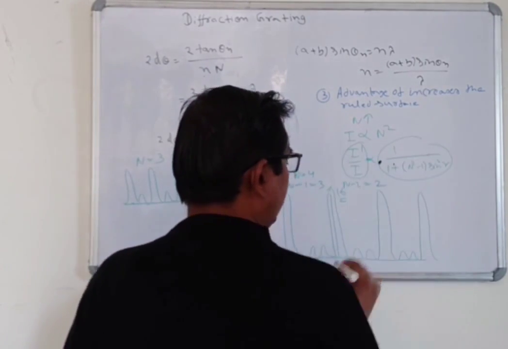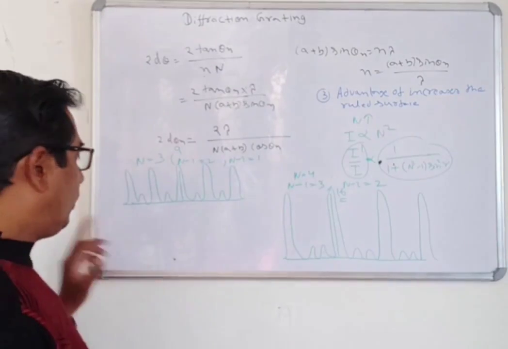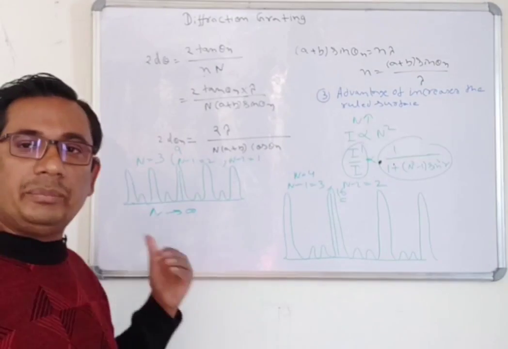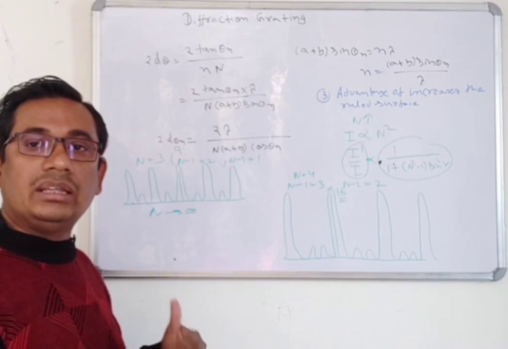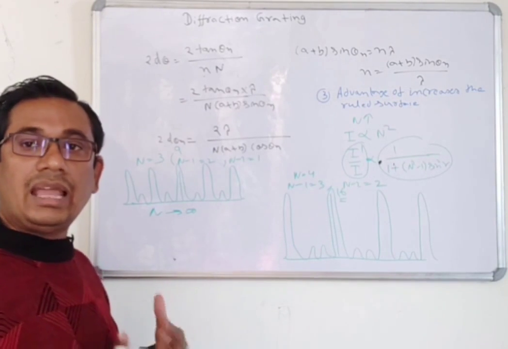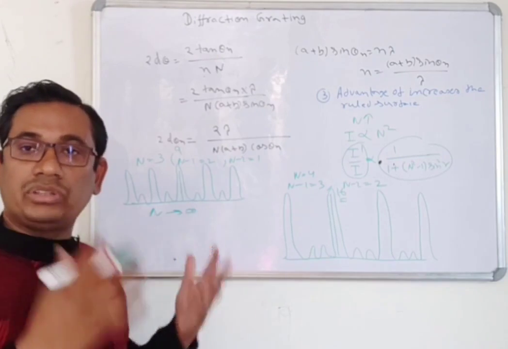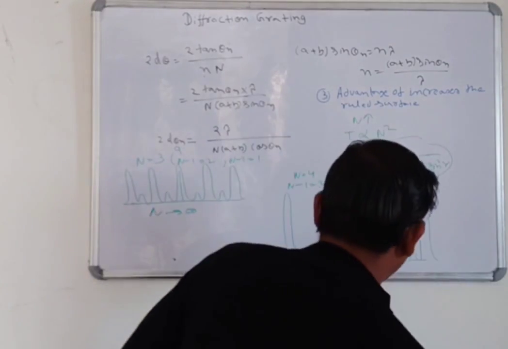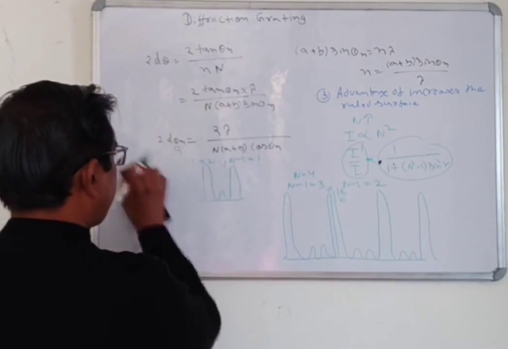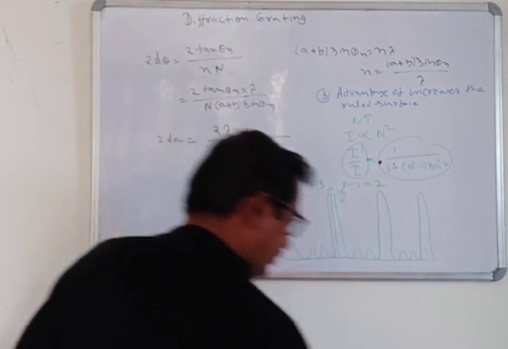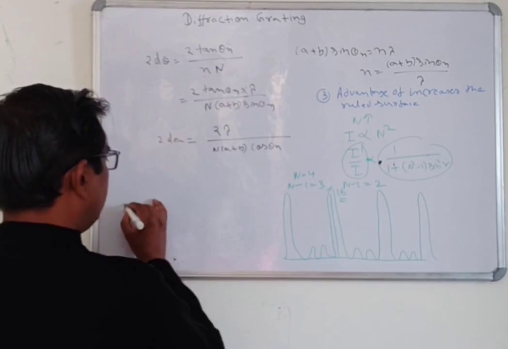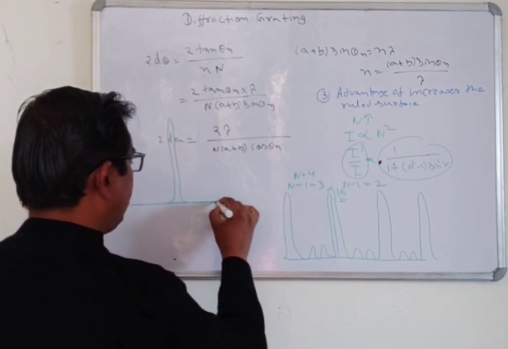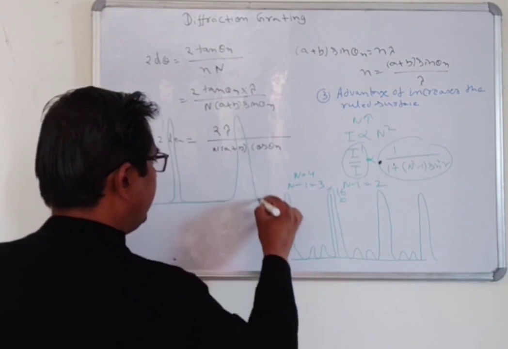Okay, suppose N tends to infinity, it means that the number of slits is more than, like, 10,000, 20,000, 50,000. In this case, you will see that the intensity of the principal maxima is more and the secondary maxima almost disappear.